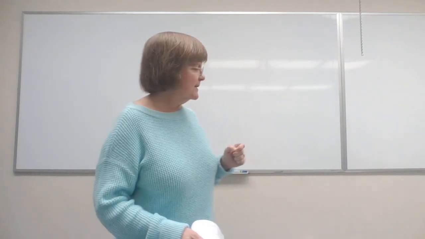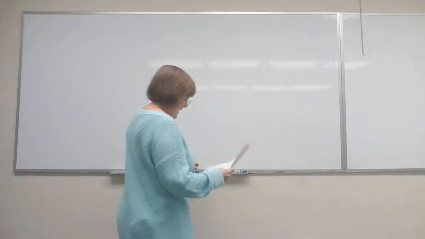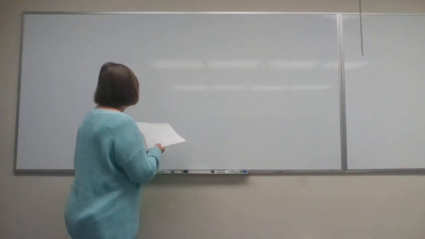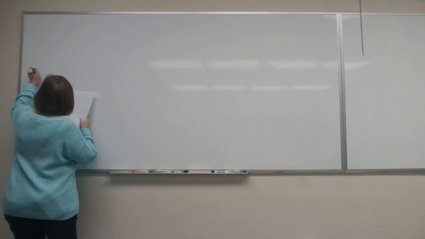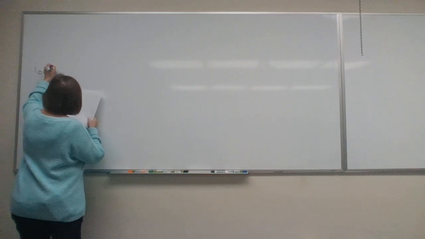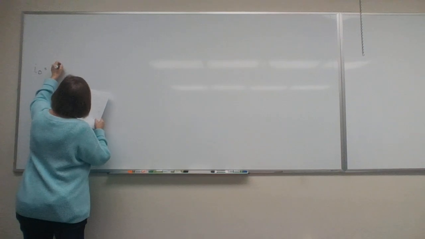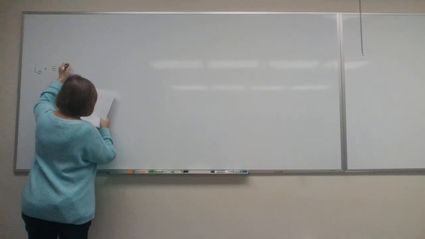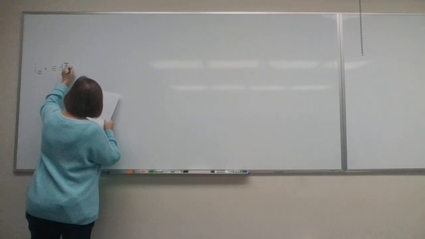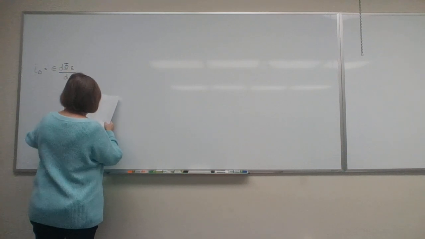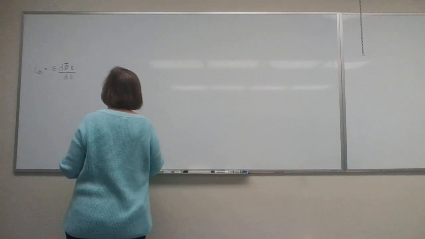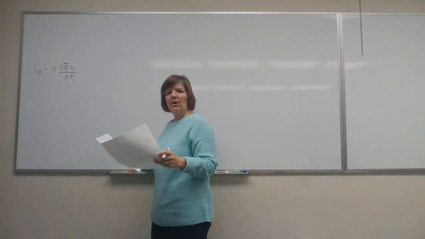So we were discussing displacement current, and Maxwell gave us this definition of displacement current: epsilon times the change in the electric flux per unit time. And that made a change to Ampere's law.